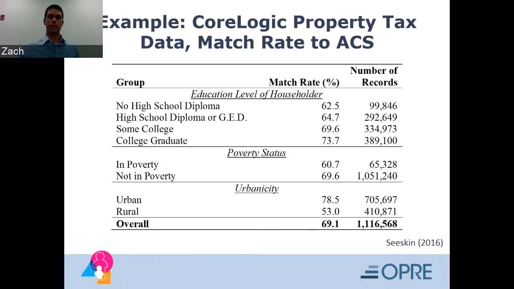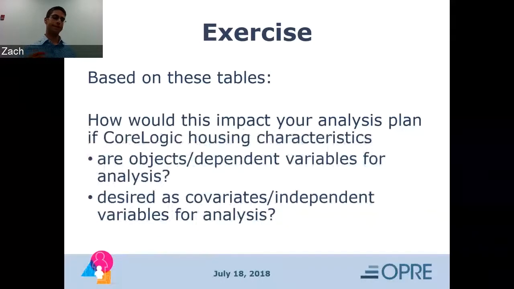So the exercise, based upon looking at this kind of data quality analysis, is to think about how, if you were to do an analysis plan using housing data, studying housing characteristics from CoreLogic, this kind of result would impact your analysis plan. And I want you to think about two different kinds of situations.